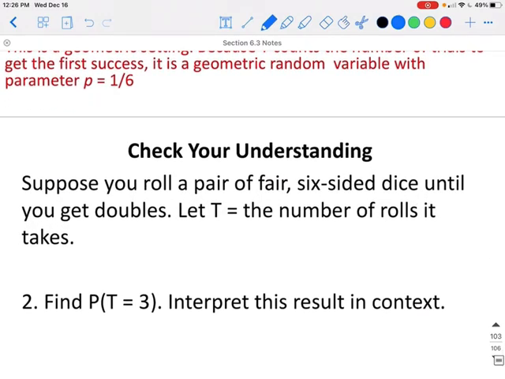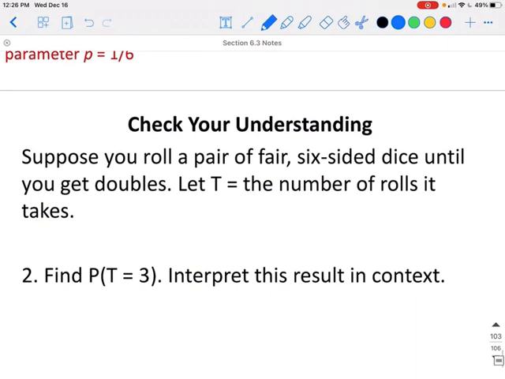Now we need to find the probability of T equals 3, and interpret this result in context. If the probability of success is 1 out of 6, the probability of failure is 5 out of 6. If you want to do this by hand, if you are successful on the third try, that means you failed the first 2 times, but you were successful the third time.